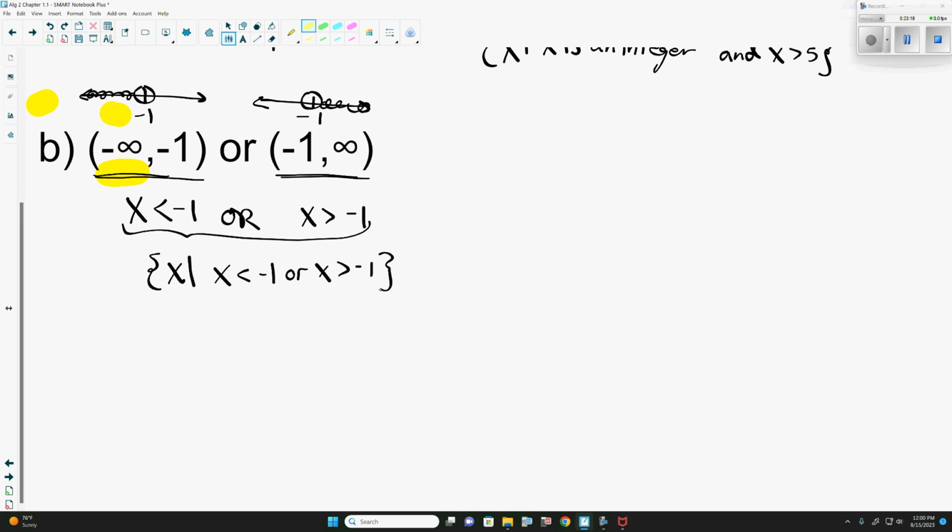We just copy it right down. If it had started with an inequality, if it told us to write x is less than negative 1 or x is greater than negative 1 in set builder notation, we just fill it in. Questions on this here?